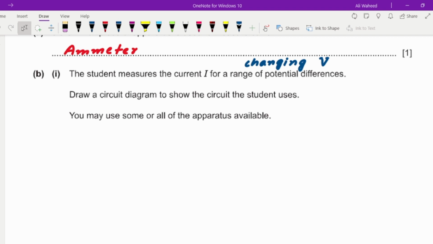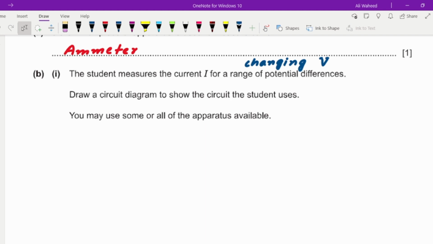We can use a power supply, and then we'll need to change the power supply, so we can use a variable resistor, and the fixed resistor obviously should be there, because we have to measure the potential difference across it. Then we need to have the ammeter in series.